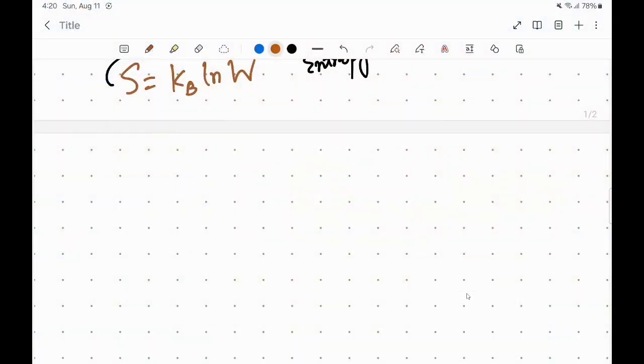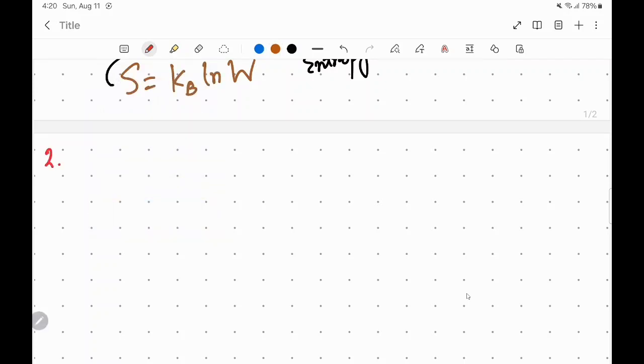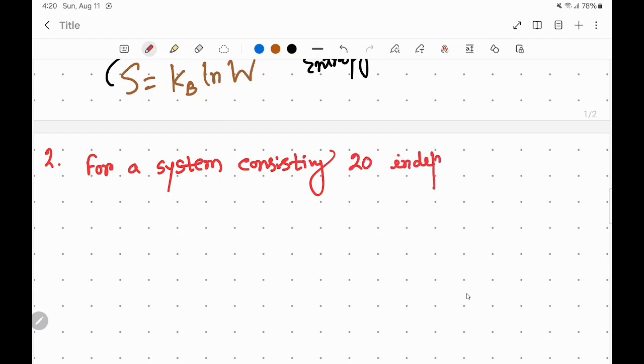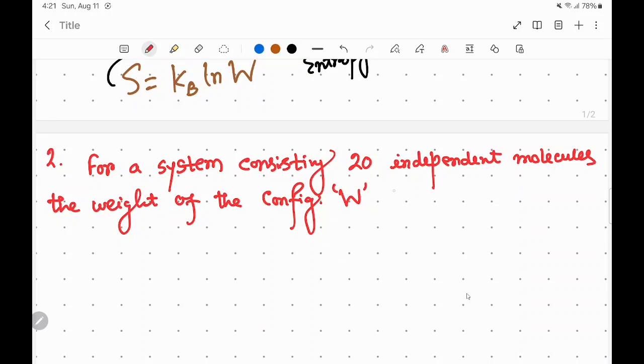Okay, so now question number two. For a system consisting of 20 independent molecules, the weight of the configuration W is given.